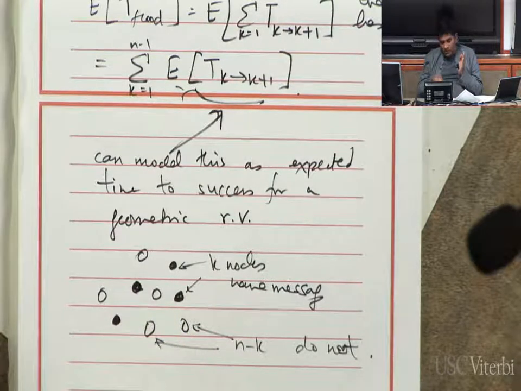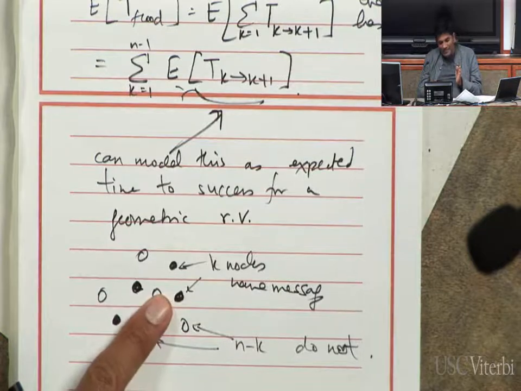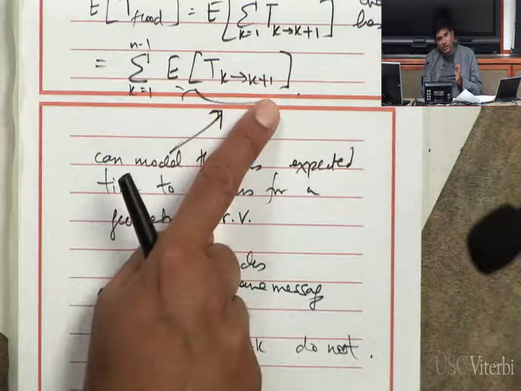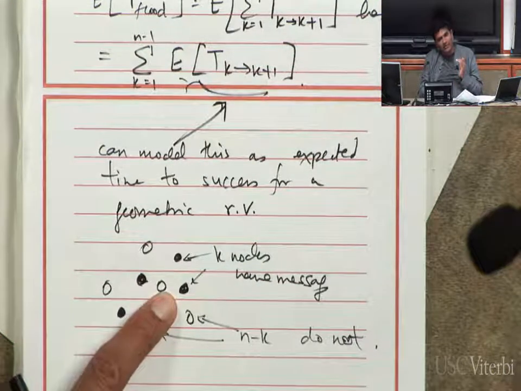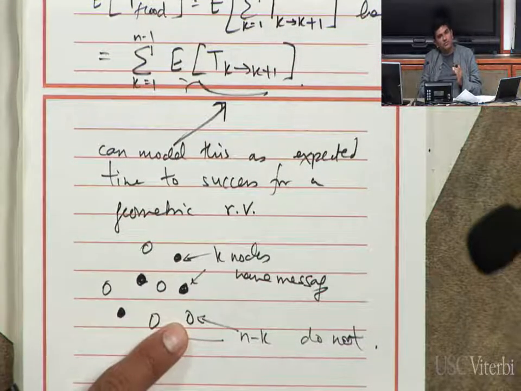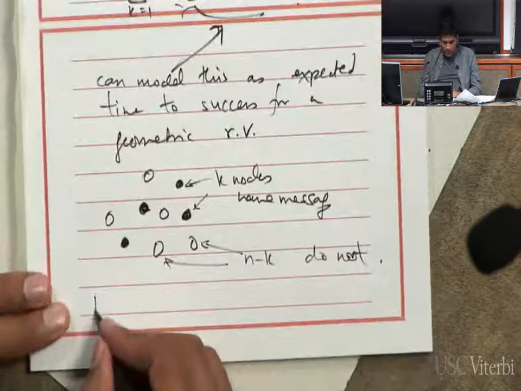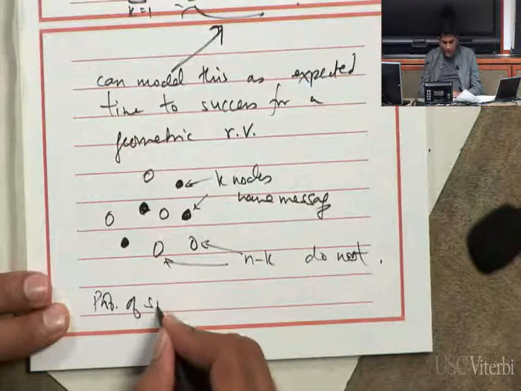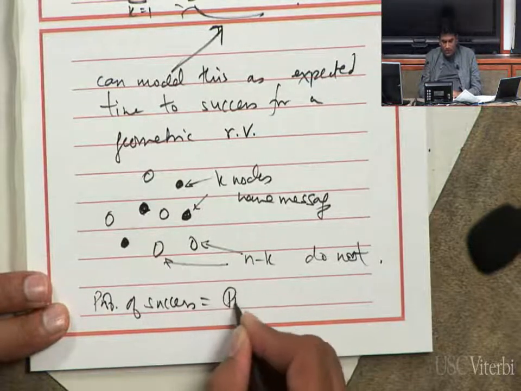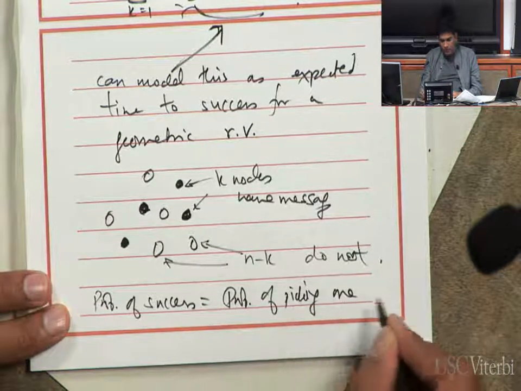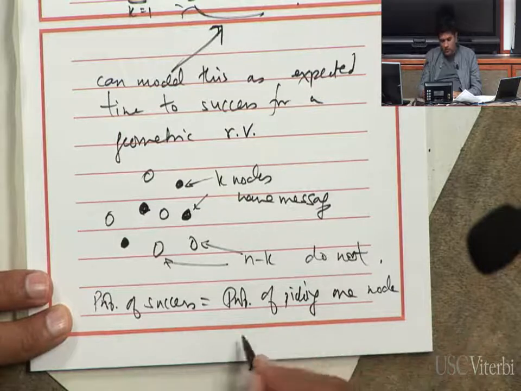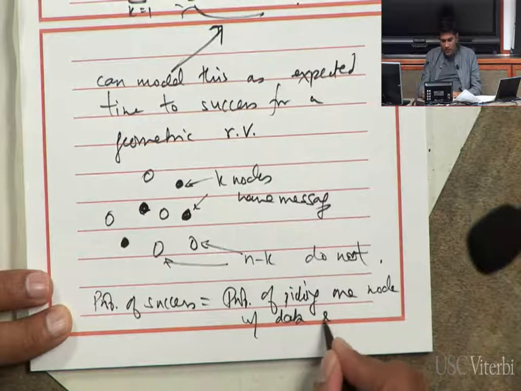So the probability that I will have a success in going from k to k plus 1 is the probability that in the pair I pick, one of them is marked having the message and one of them is marked not having the message. So the probability of success equals the probability of picking one node with data and one without.